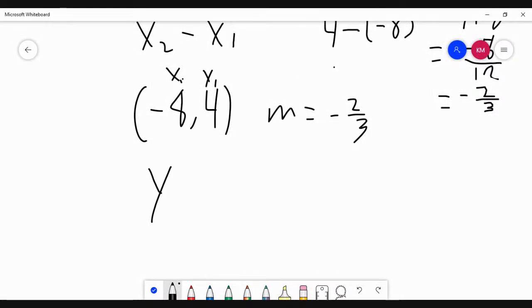Point slope formula, y equals, well, correction, y minus y1 equals m times x minus x1.